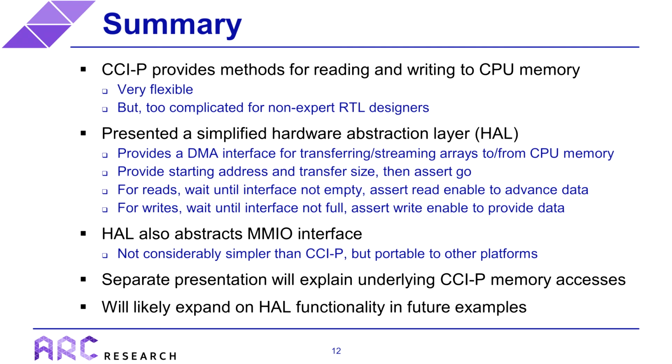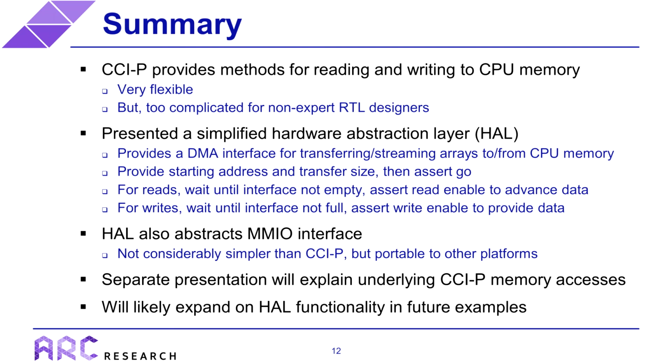All right, just to summarize, in this presentation, we looked at how to access the host processor's memory from within the FPGA. Now, CCIP is what enables this memory access, and it does so with a very flexible interface. But the challenge is that that interface is realistically too complicated for non-expert RTL designers to figure out in a short amount of time.